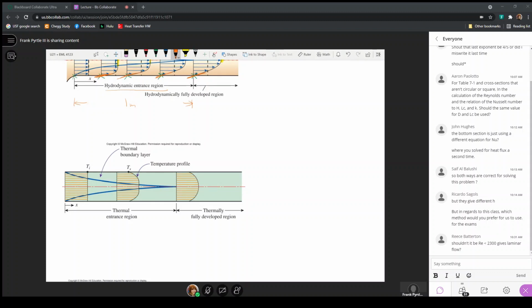Now, it grows together because, like in flow over a flat plate, if I have a plate, we have a thermal boundary layer and a velocity boundary layer, delta and delta sub t.